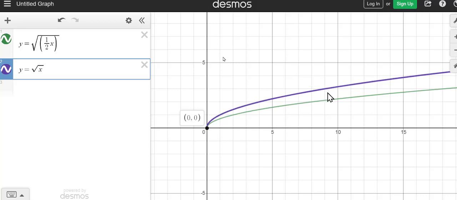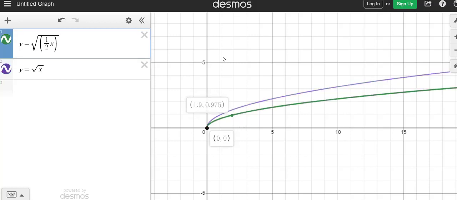So what happens with these when we use those same values, when we divide the x's by 1/2? Dividing by 1/2 is the same as multiplying by 2. So for the y value that was at 1, 1, now it's going to be at 2, 1 on the green one.